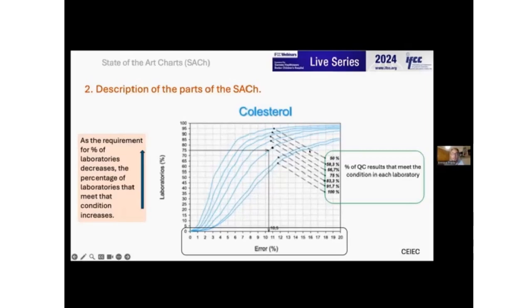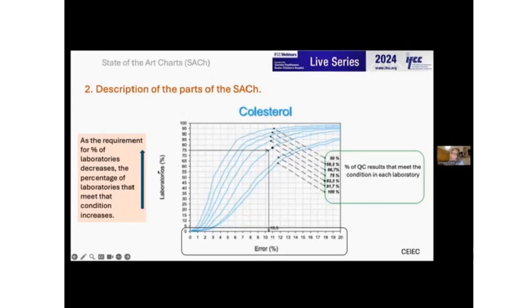Obviously, the following circumstance occurs. As we increase the requirement for the percentage of results we want to count, the percentage of laboratories on the y-axis will decrease, meaning the curve will descend. Conversely, if we lower the percentage of results considered, the percentage of laboratories meeting this condition will increase.